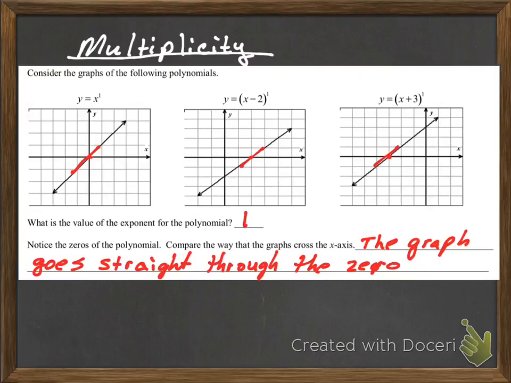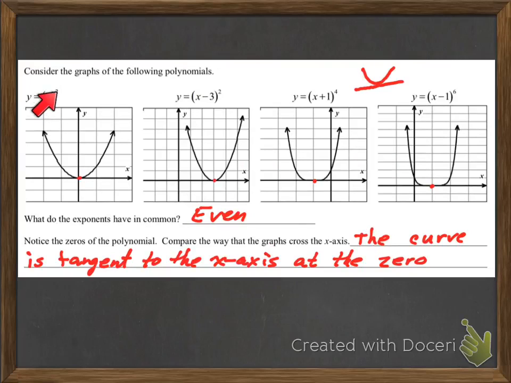So just a quick review, when we had an exponent of 1, the graphs went straight through the x-axis. When we have exponents that are even numbers, the graph is tangent to the x-axis.